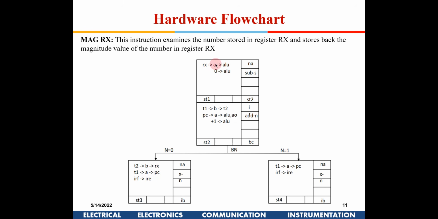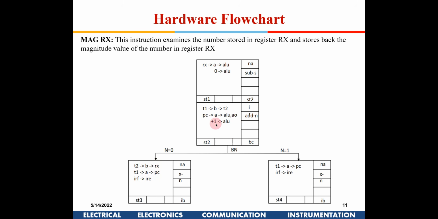Since I did 0 minus A, I got a positive. Whatever is available in T2 has now become positive, and I am going to get it into Rx.